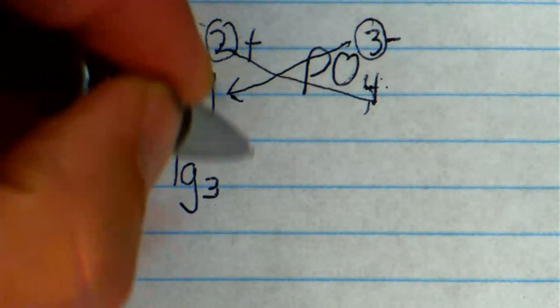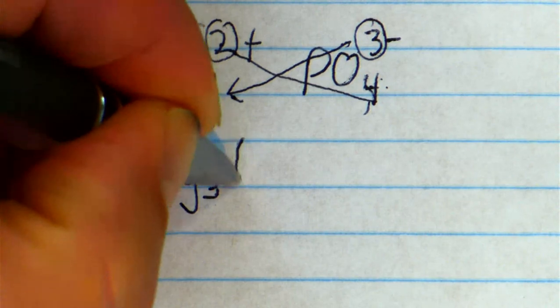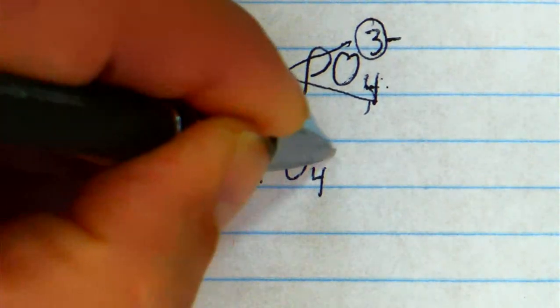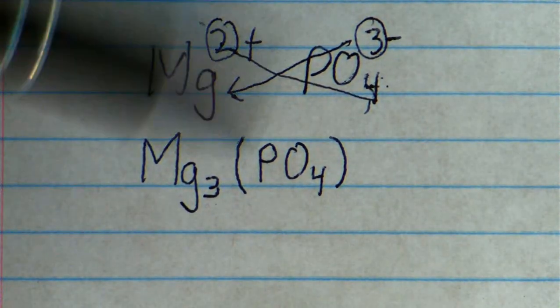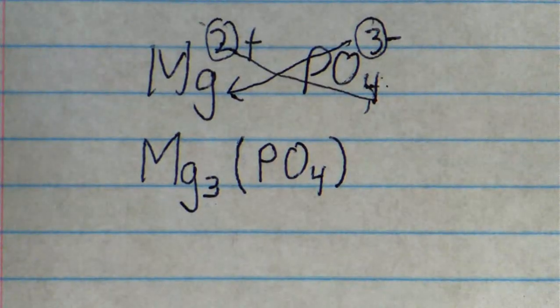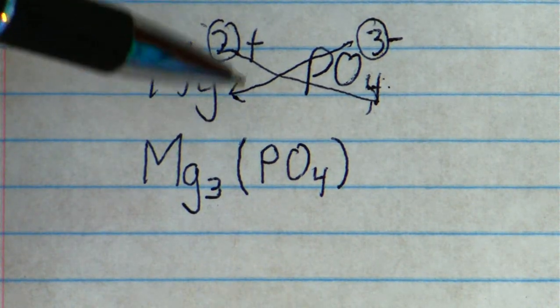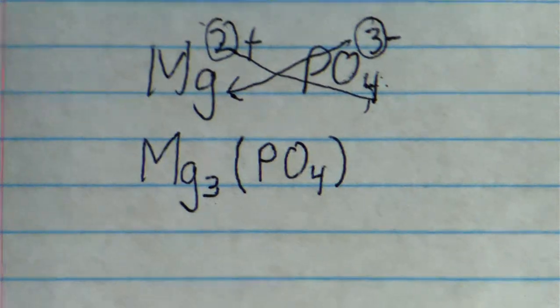That means I am obligated to go open parentheses, PO4, close parentheses. The parentheses are saying this is my polyatomic ion group. I can't break it apart.